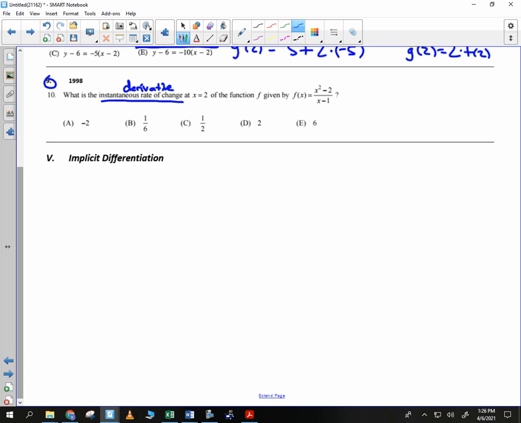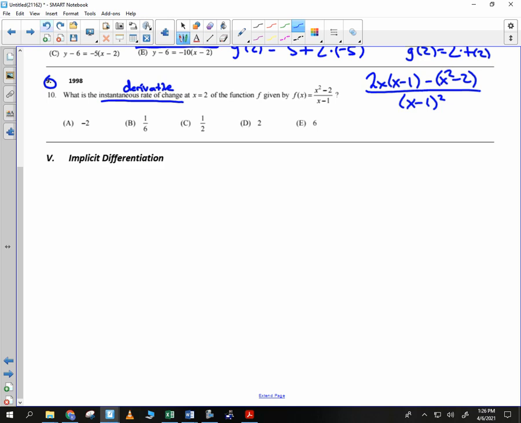So, if I want to find the derivative of f, what rule would I need to use? Quotient. Derivative of the top is 2x times the bottom, x minus 1, minus the derivative of the bottom is 1 times the top, x squared minus 2. I divide that by the bottom squared, x minus 1, quantity squared.